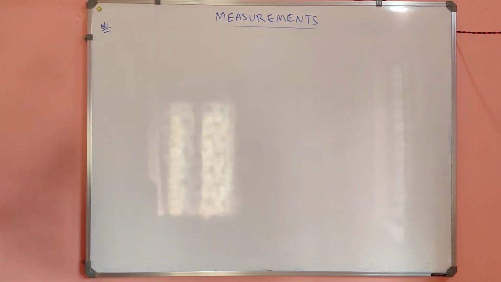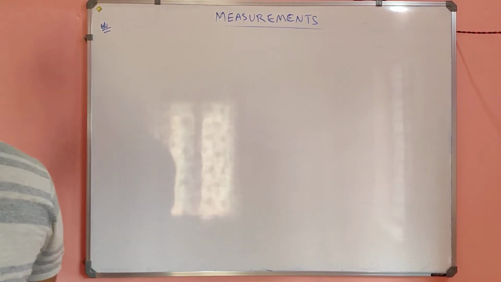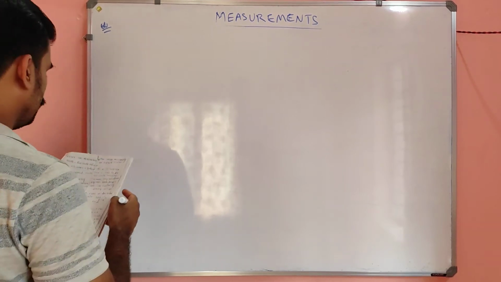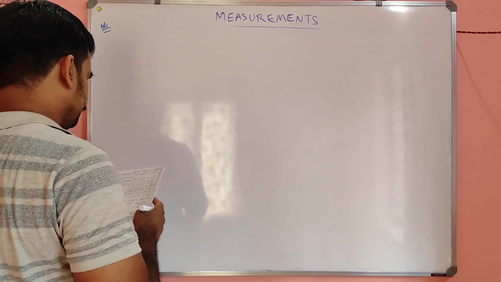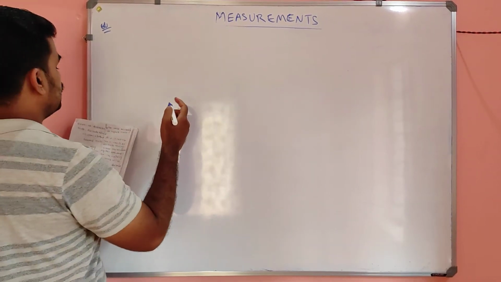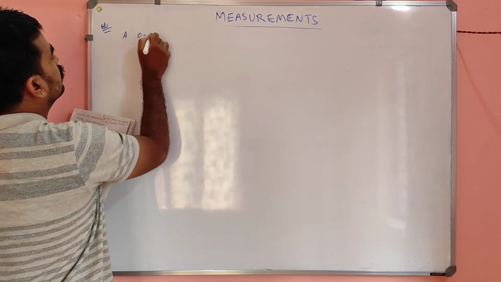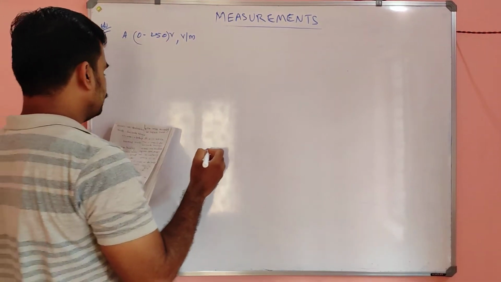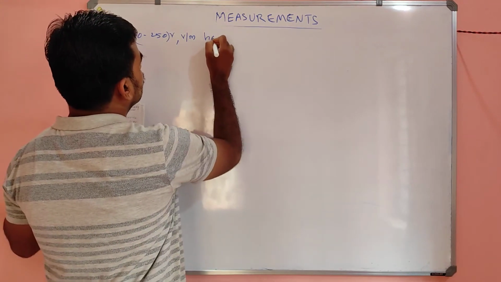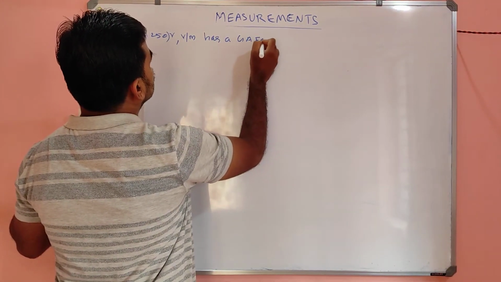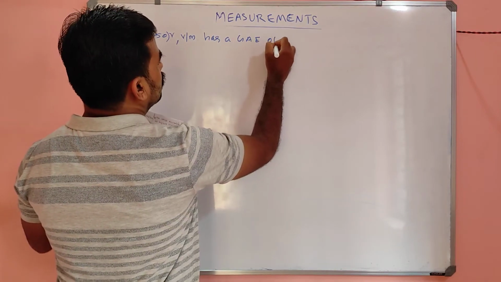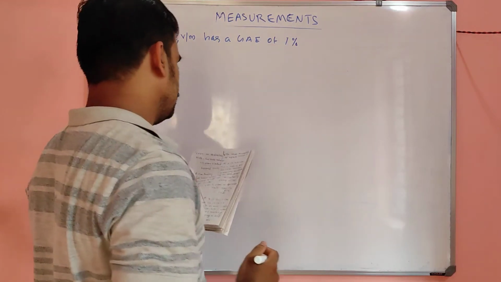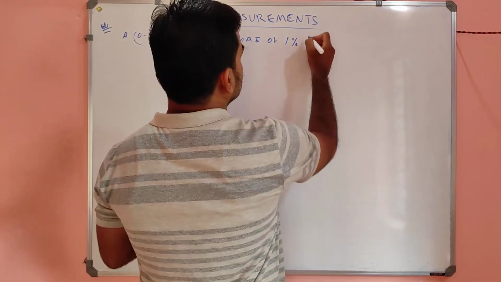Okay. Write another question. Here a 0 to 250 volt voltmeter has a guaranteed accuracy error of 1% of full scale reading.